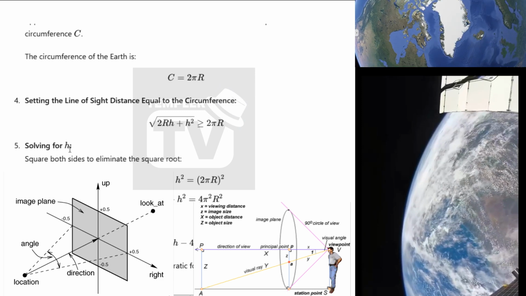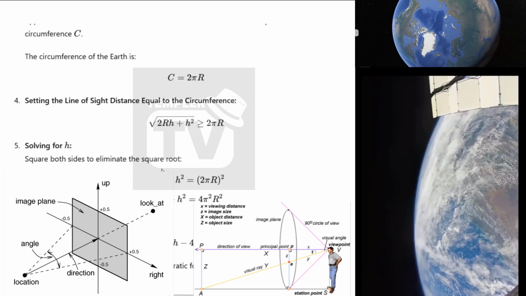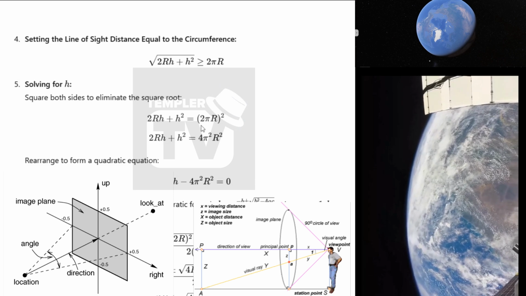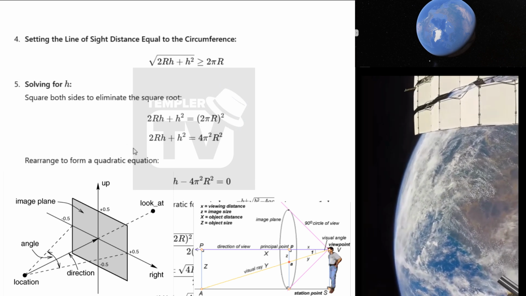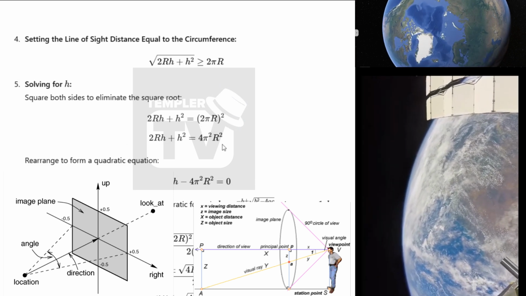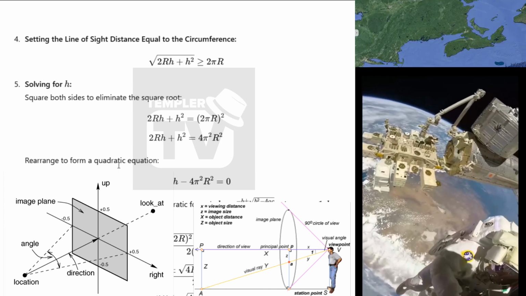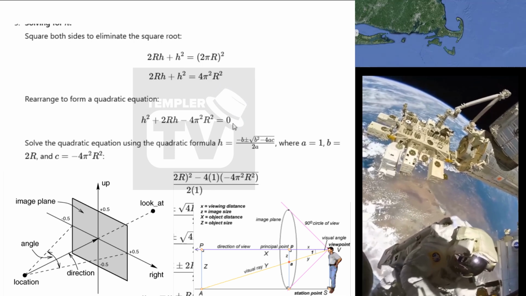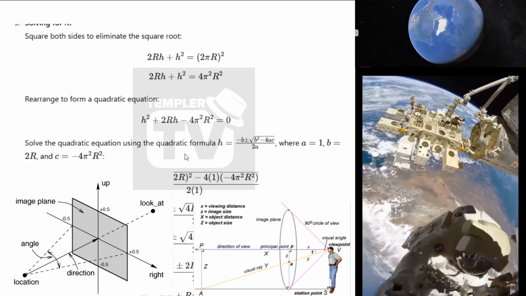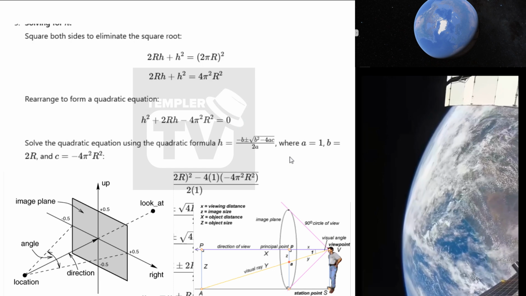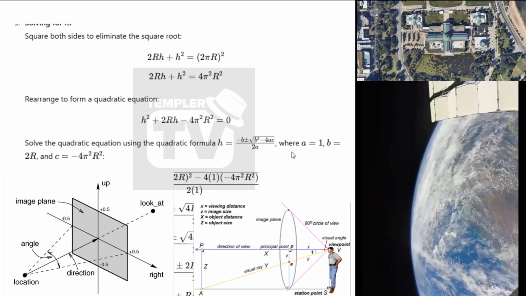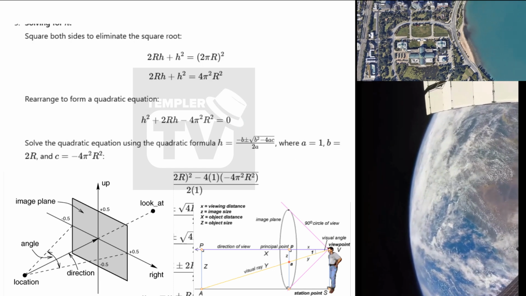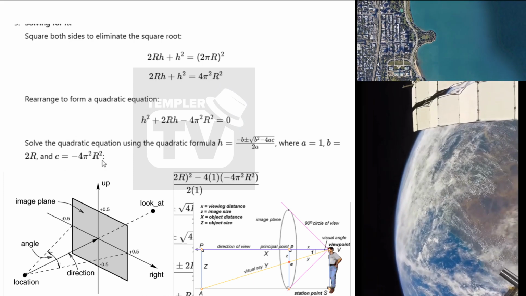5. Solving for h, square both sides to eliminate the square root. 2rh plus h2 equals 2 pi r squared. 2rh plus h squared equals 4 pi squared r squared. Rearrange to form a quadratic equation. H squared plus 2r minus 4 pi squared r squared equals 0. Solve the quadratic equation using the quadratic formula. H equals frac minus b minus 4ac2a, where a equals 1, b equals 2r, and c equals 9 of 4 pi squared r2.